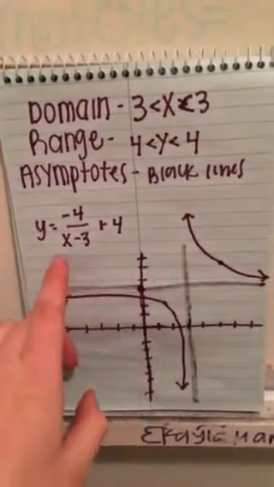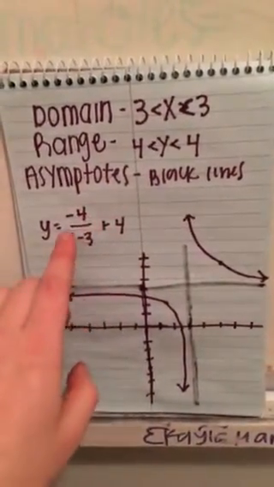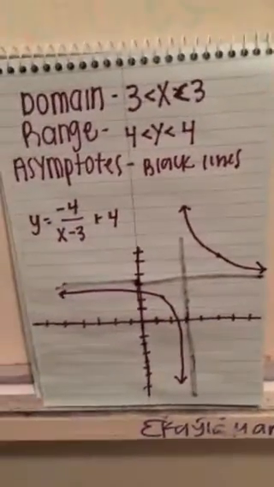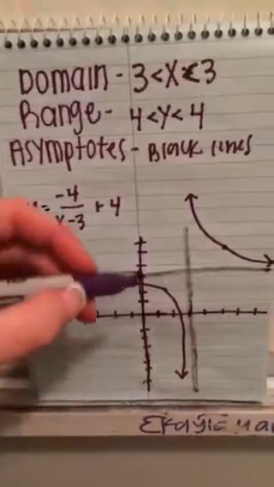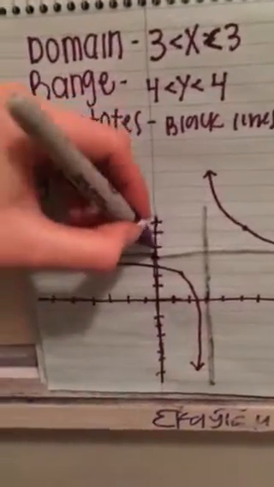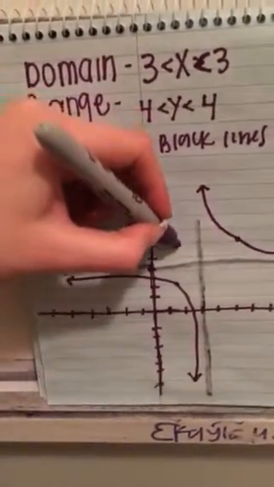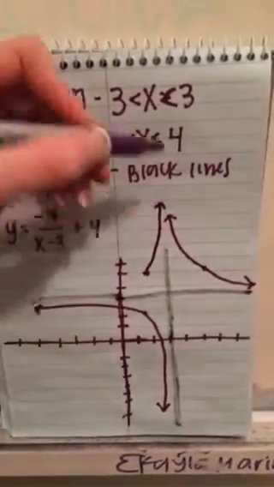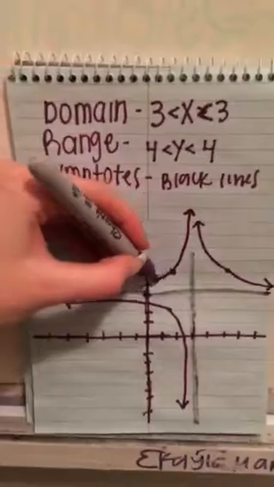So now that we did this part of the graph, now we have to do our vertical reflection. Our vertical reflection will look like this. It will go close to the axis, but it will never touch.